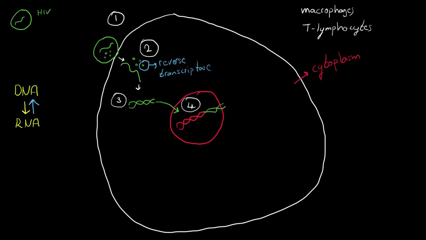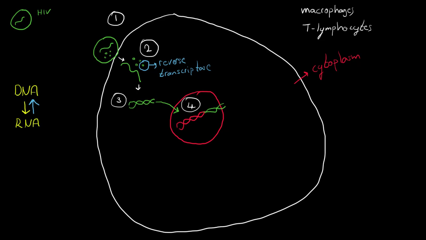Here we're not going to have a mix of the human DNA with the viral DNA. The insertion of the viral DNA is completely random. We do not have a specific location for the viral DNA to integrate with our DNA. It's completely random.